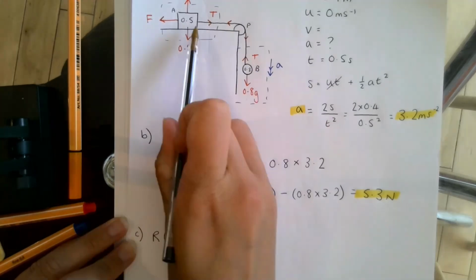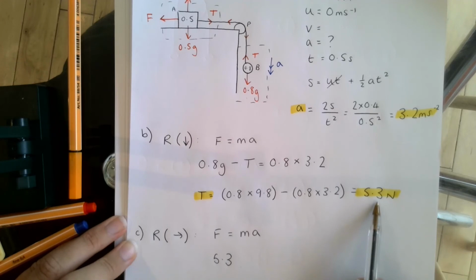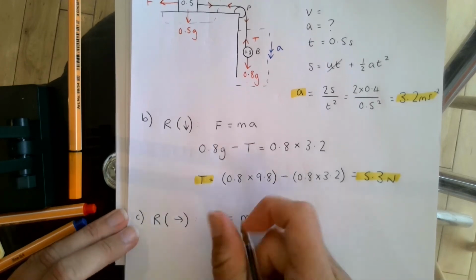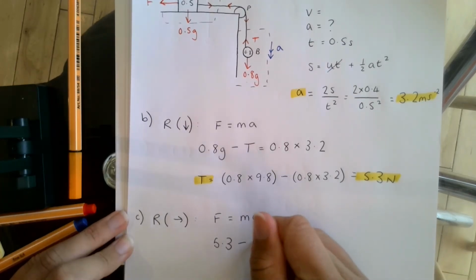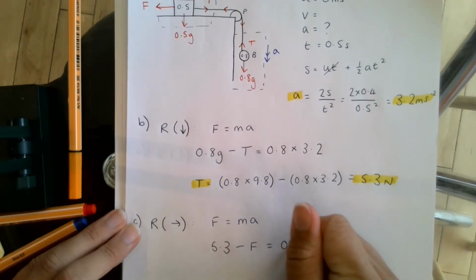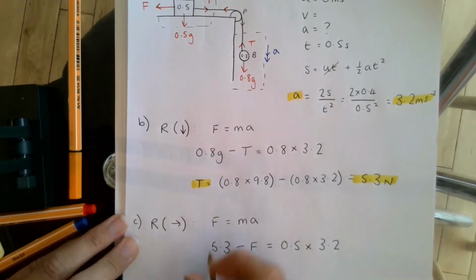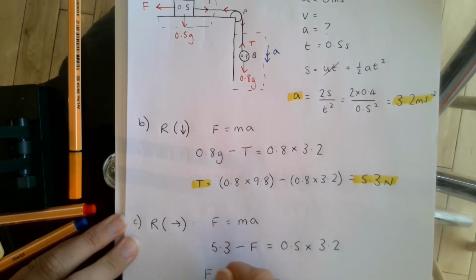Well, to the right I've got the tension, which is 5.3, the same as the tension that we found for part B. Take away F is equal to the mass, which is 0.5, times the acceleration, which is 3.2. So I can rearrange to find what F is. So F is 5.3 minus 0.5 times 3.2.